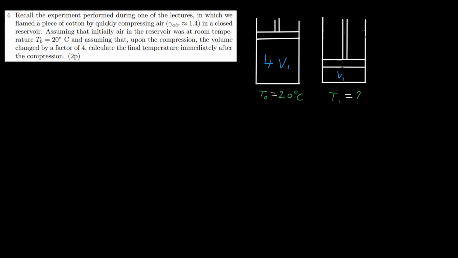Well, we're told that it is compressed very quickly, and we're also given here this letter gamma of air, equals 1.4. So this gamma here is what we call the adiabatic constant of air.